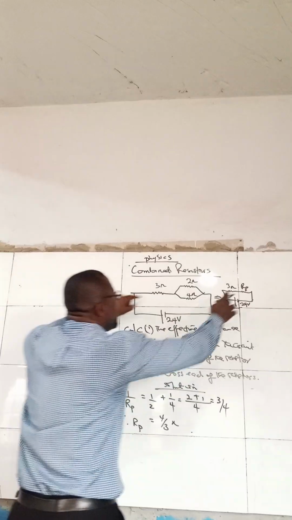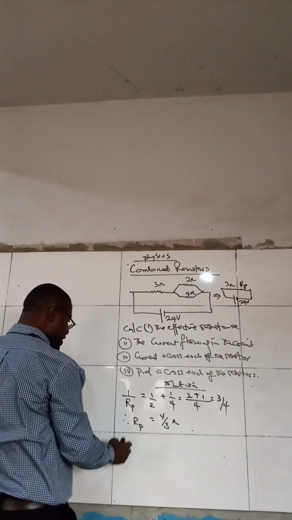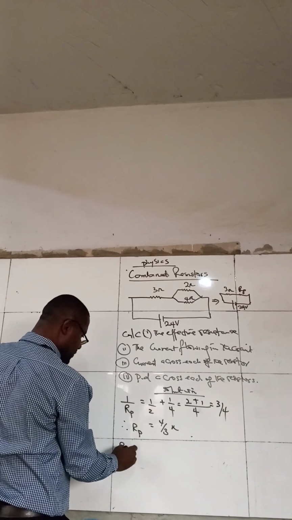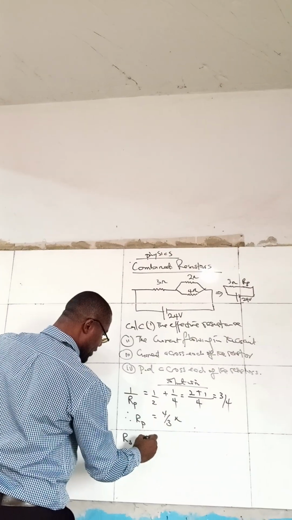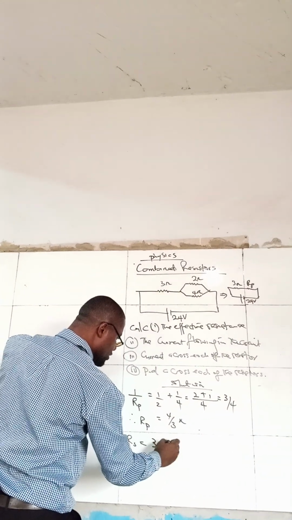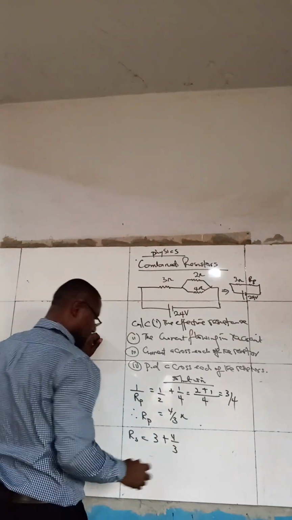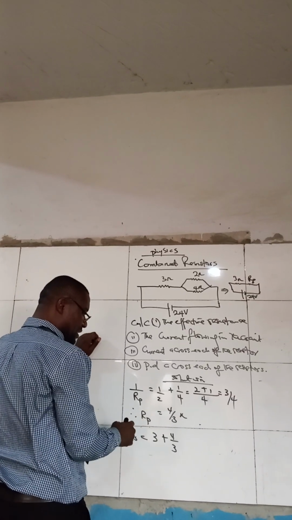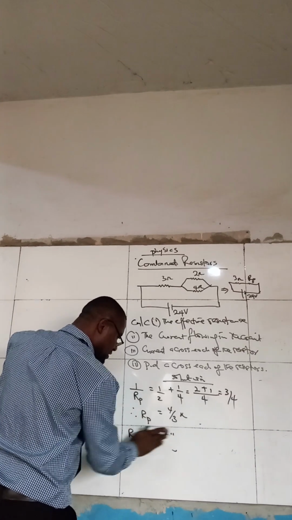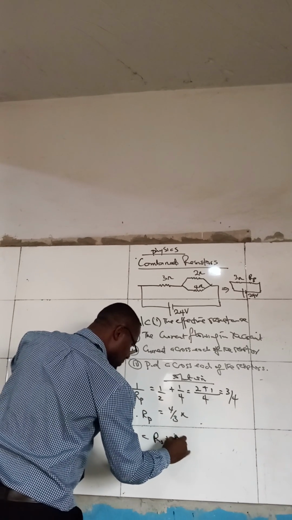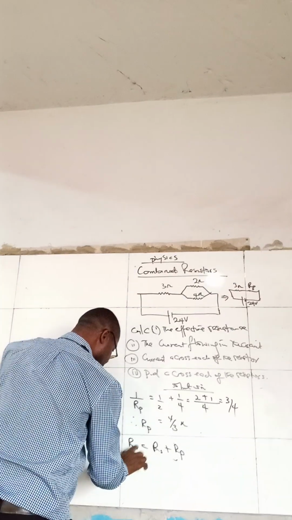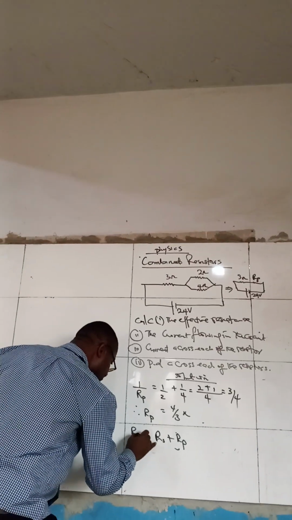Since they are now in series, for series arrangement we take the arithmetical summation. That should be 3 plus 4/3. That means I'm looking at the one in series plus the one in parallel. This is the effective resistance.